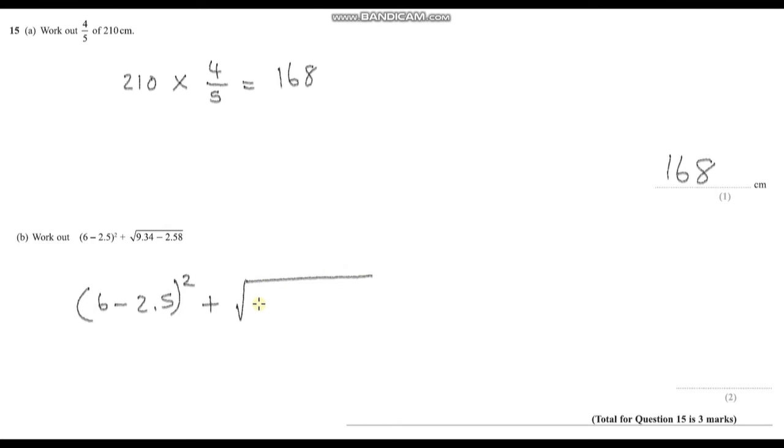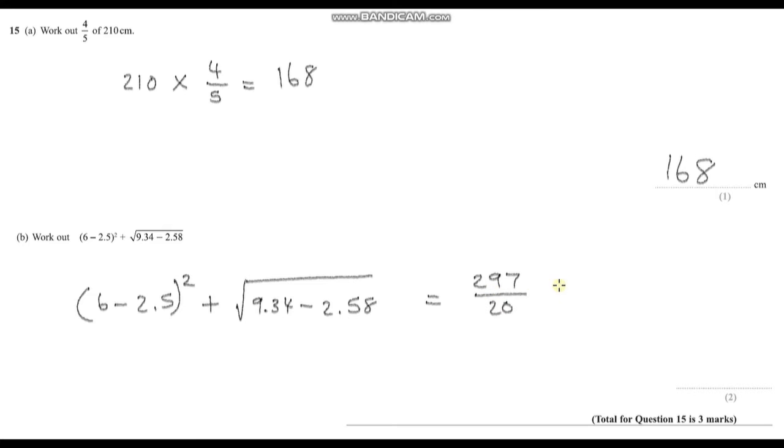And then in the square root space, we just type in this difference here. So 9.34 minus 2.58. And when you type it into the calculator, it should come up saying 297 over 20.